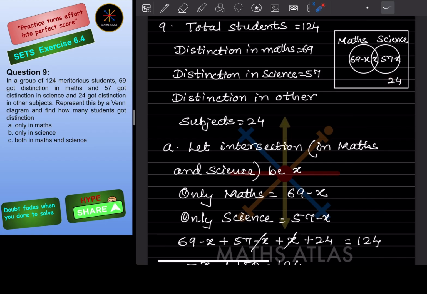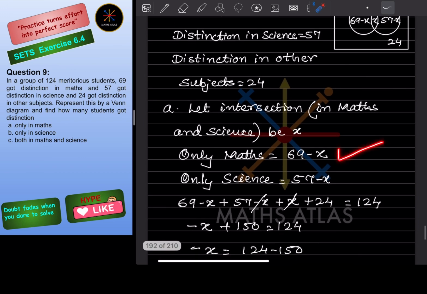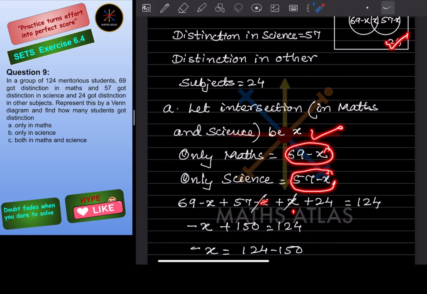Let the intersection of maths and science be x, as I told you now. Only maths is 69 minus x, and only science is 57 minus x. We'll add all this: 69 minus x, then 57 minus x, then this x, and this 24 as well. The total is 124.